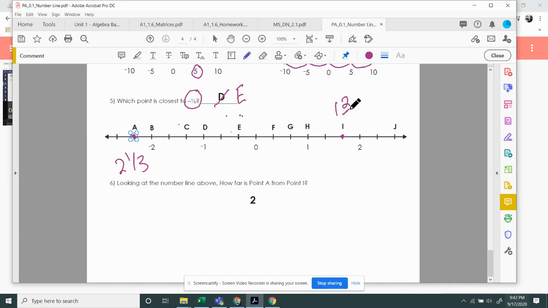So each one of these intervals is a third, so 3 intervals make a 1, so that would be 1, 2, 3. That's a distance of 1 unit. Each group of 3 is a distance of 1 unit. We've gone 1, 2, 3, 4 units altogether.